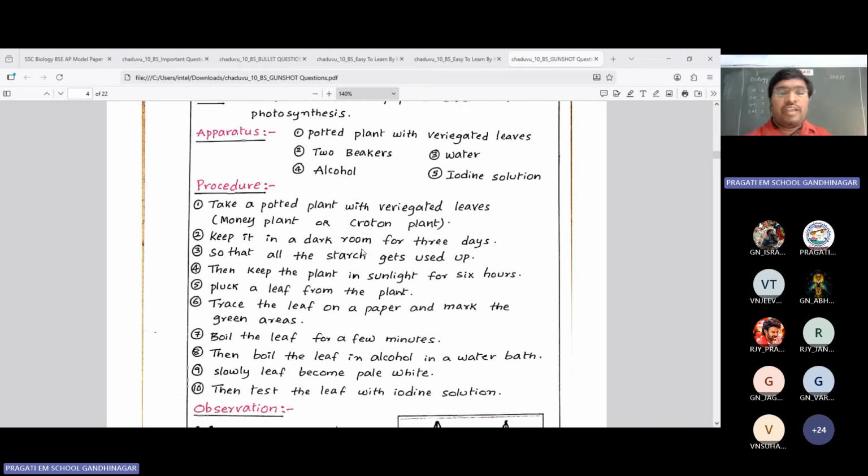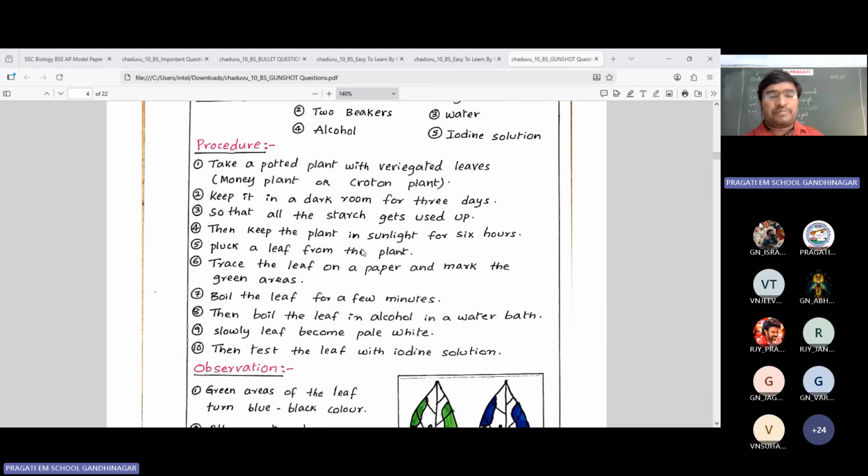How did I write the procedure? See, children, I gave a total of 10 points here. Take a potted plant with variegated leaves (money plant or croton plant), and please mention it in brackets. Then keep it in a dark room for 3 days.